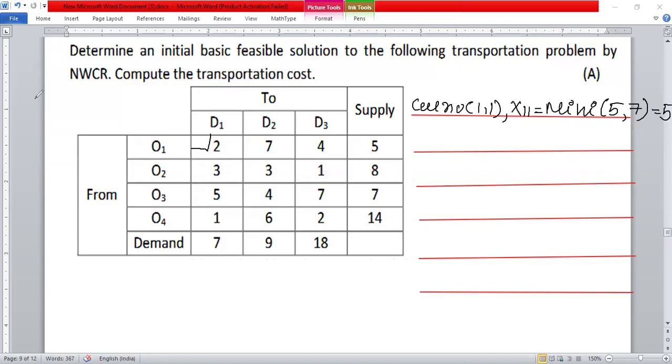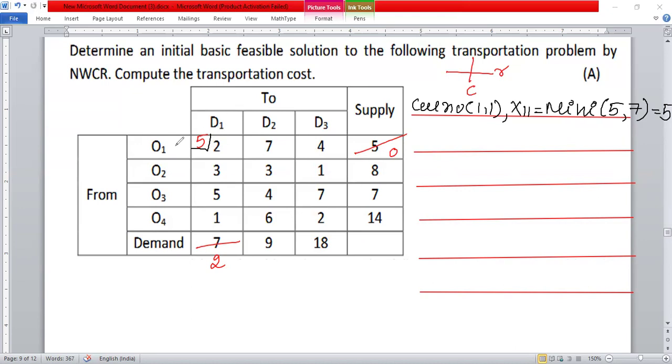Yes, the minimum number is 5. Mark it in the small box. Then we need to subtract from supply and demand. 5 minus 5, 0. 7 minus 5, 2. Now guys, note that this is always row and this is always column. The first one, cell number 1,1.